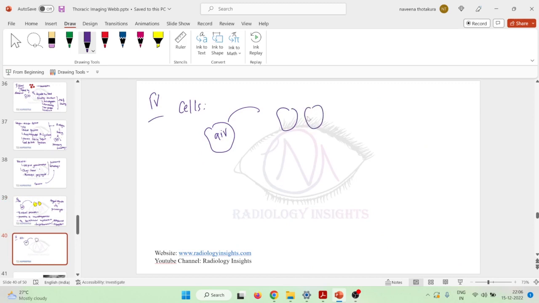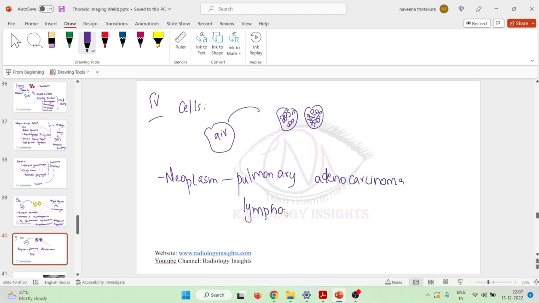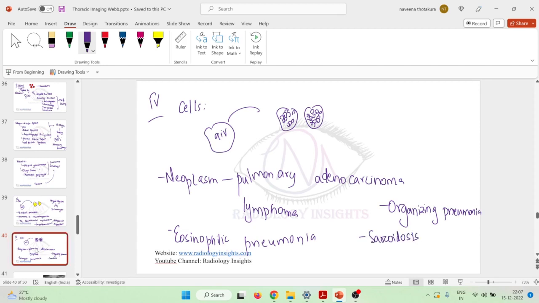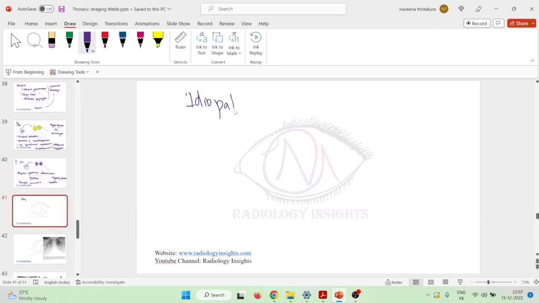Then sometimes there can be cells which replace the alveolar air. If alveolar air is replaced by cells, it is seen in neoplasms, like if the patient presents with pulmonary adenocarcinoma, or with lymphoma and other lymphoproliferative disorders, or with eosinophilic pneumonia, or organizing pneumonia, or sarcoidosis, or idiopathic interstitial pneumonia.